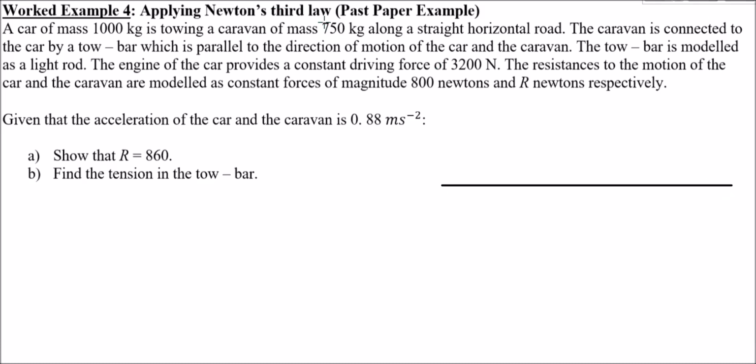So I'm going to sketch in now some of the information. I'm going to do two rectangles, one for the car, one for the caravan. So we've got the car, which has got a mass of 1,000 kilograms.